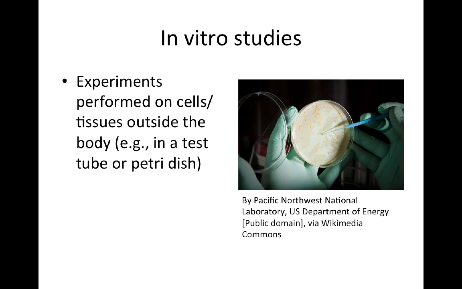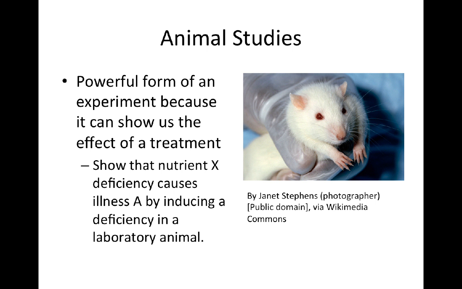But as far as how the nutrients are going to respond in the much more complex human body, this is less of an indicator of that. So while it is useful for mechanistic work and informing other experiments, it's not going to tell you specifically how the nutrients will perform in whole individuals, usually.